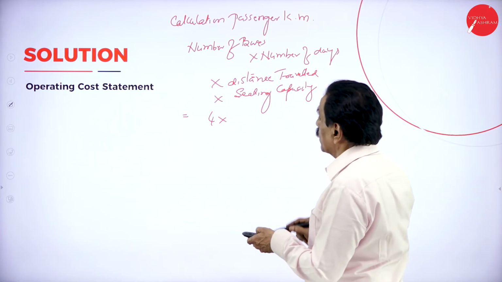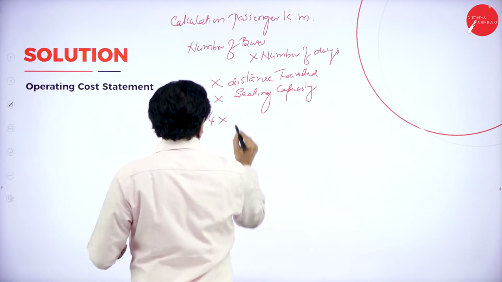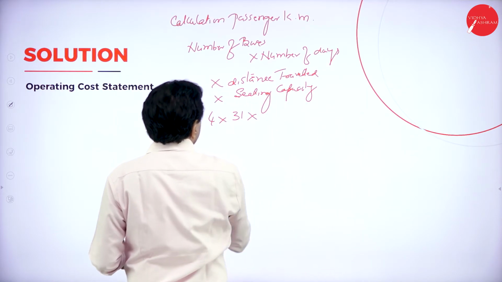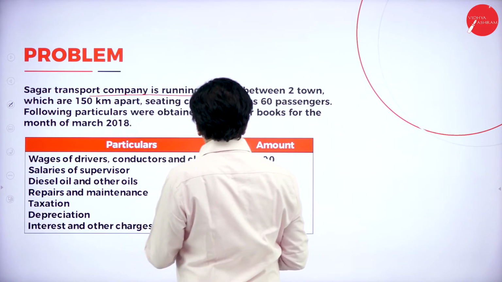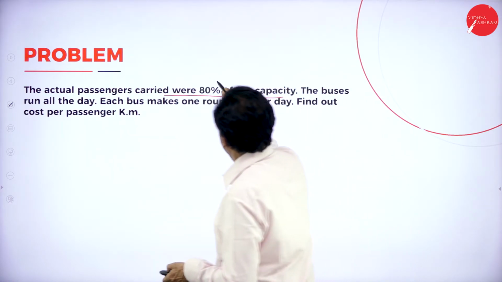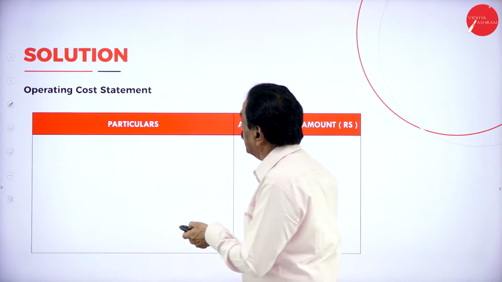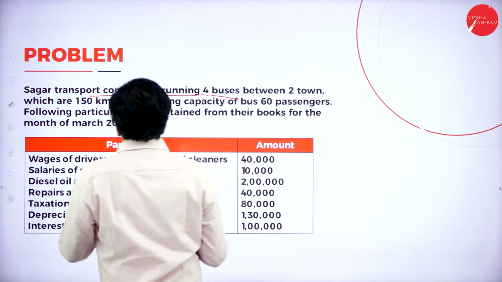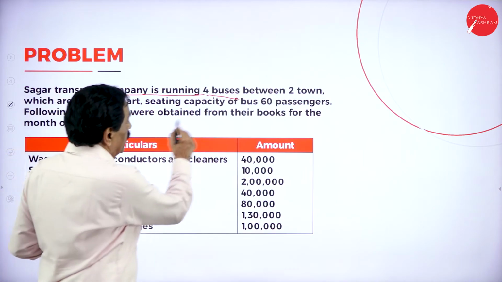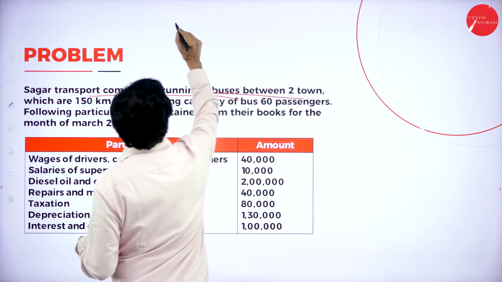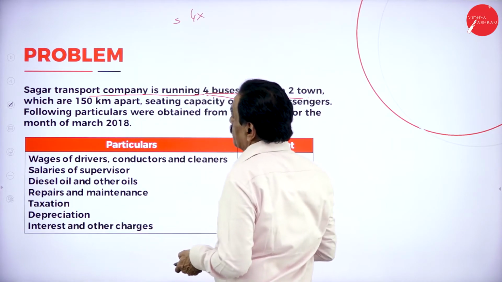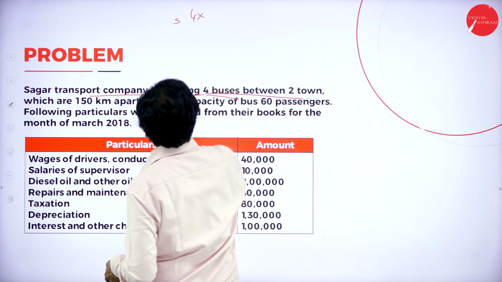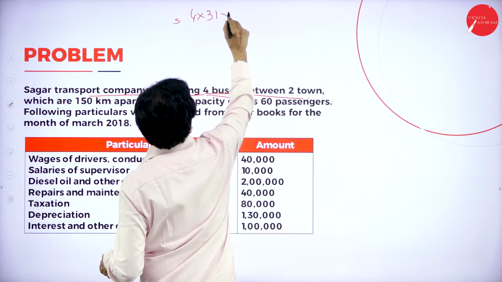Number of buses 4. Number of days, March, 31 days. Distance traveled, here 150 kilometers apart. Each bus makes 80% capacity. Number of buses is 4 between the 2 towns, in the month of March meaning 31 days.